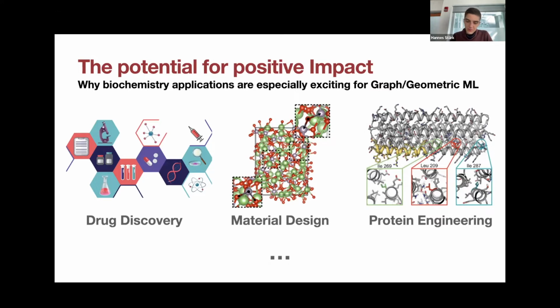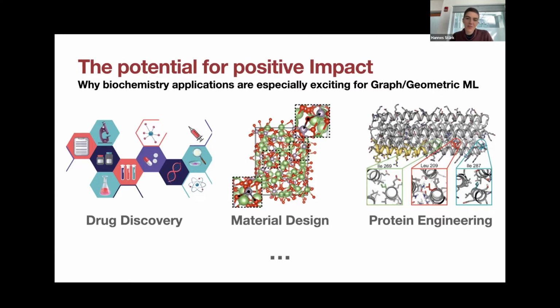There are areas like drug discovery, material design, and protein design, where if we discover a new drug, of course, this can be hugely important. If we develop better materials for solar cells, then maybe we can help fight climate change.